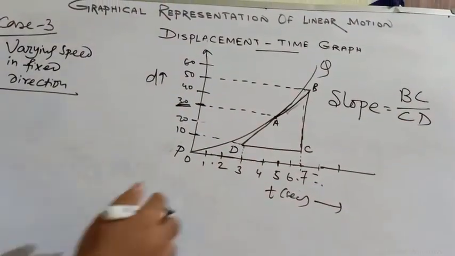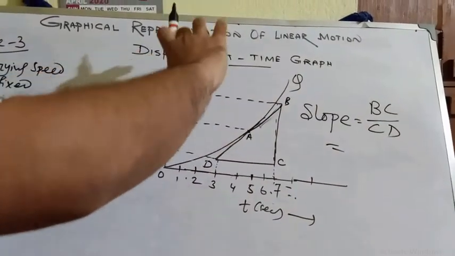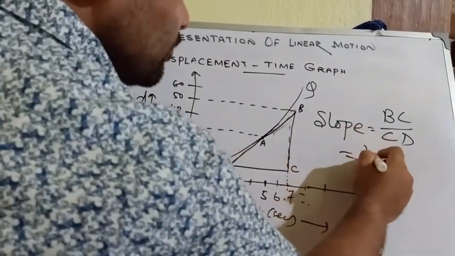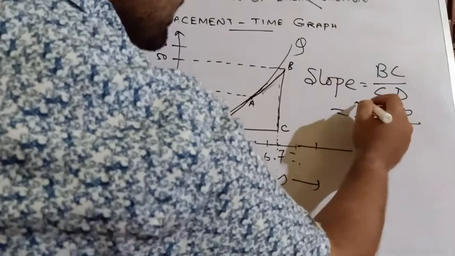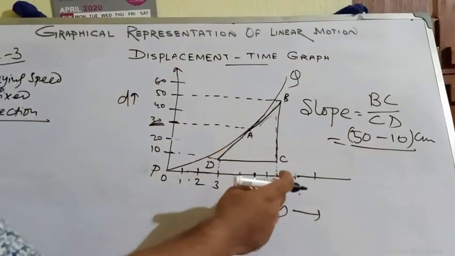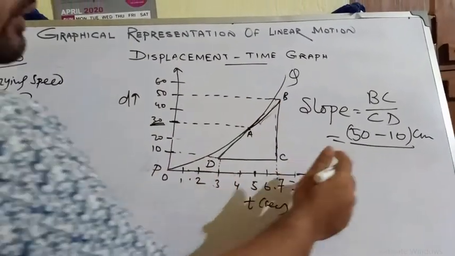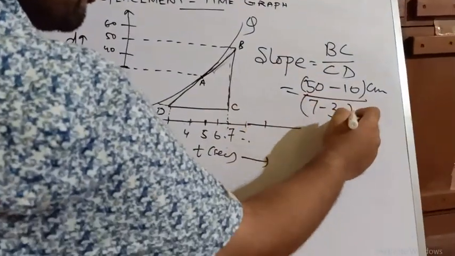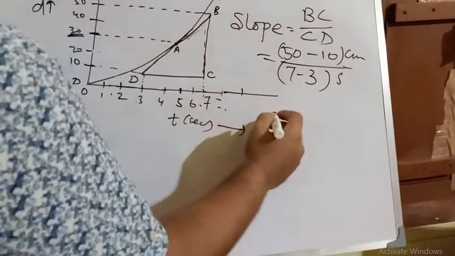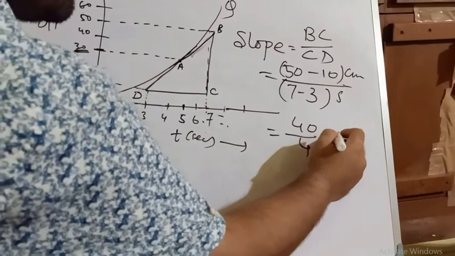So what are we getting here, what is the value of BC? BC means this value. So 50 minus 10 divided by, it is in centimeter, divided by, what is the value of CD here? This is 7, this is 3. So 7 minus 3 second. So we are getting 40 divided by 4 centimeter per second.